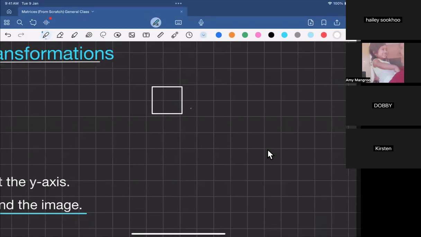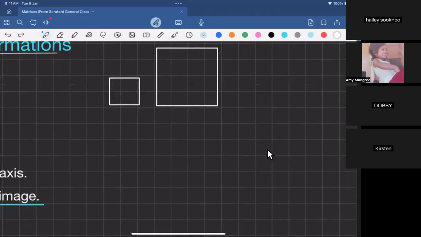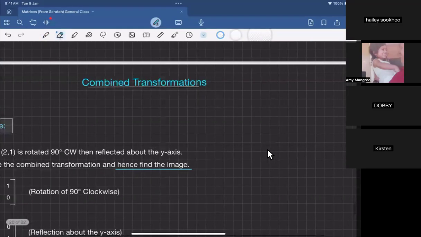Imagine I take this shape and make it bigger, and I decide to move it over here. So Kiera, how many things did I do with this square? Two. Yeah. So I enlarged it and then I translated it. That's basically the concept we're looking at.